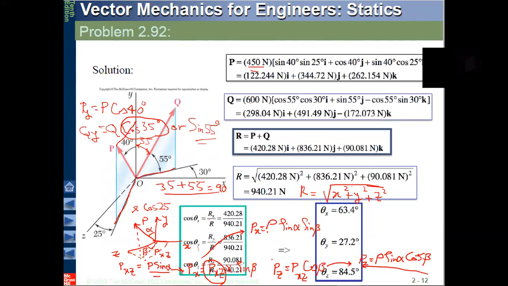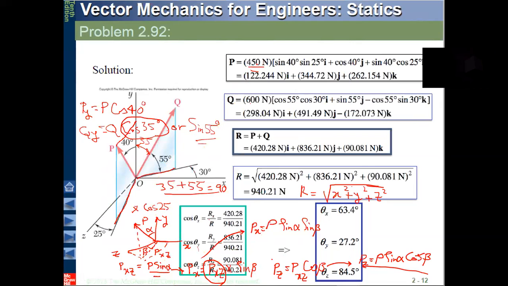So Px would be equal to Pxz sine of beta, which is the opposite side, and Pz equal to Pxz cosine of beta, which is the adjacent side. If you substitute the value of Pxz in these two equations, you can get Px and Pz. This is what is done for solving this problem.